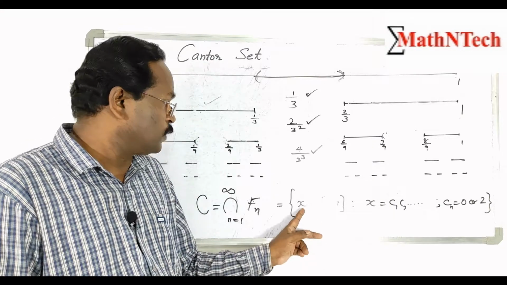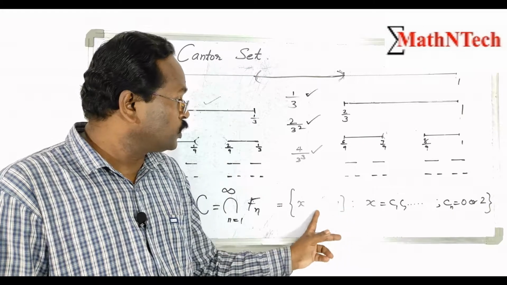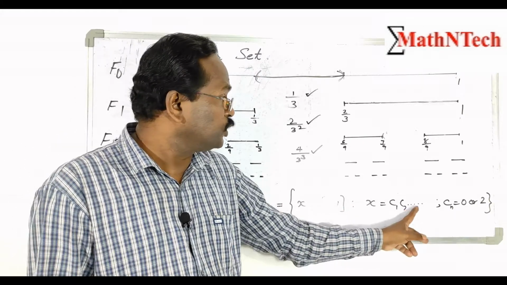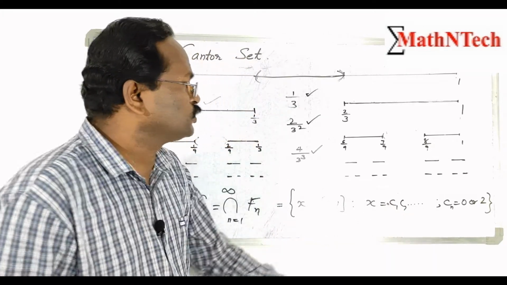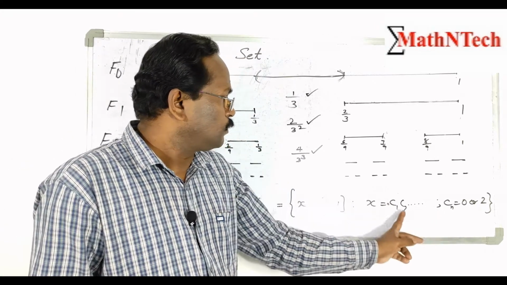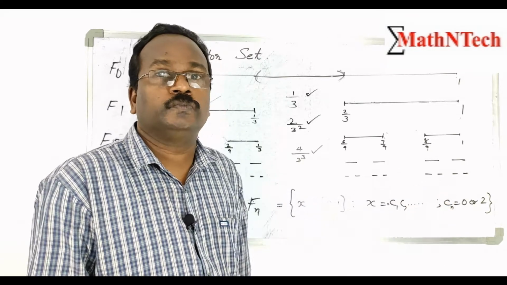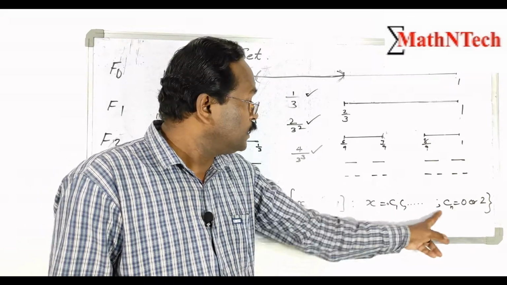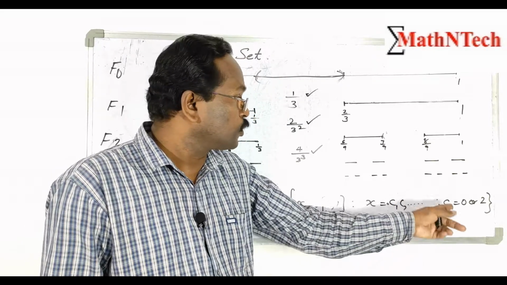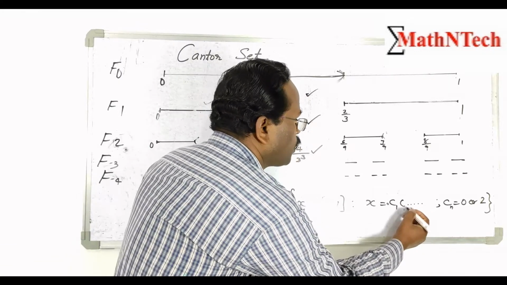That is another definition. x is an element of the closed interval [0, 1], x equals 0.c1 c2 c3, etc. What about c1, c2, c3? They are the digits 0 or 2 in the ternary representation. So c1 equals 0 or 2, c2 equals 0 or 2, etc. cn equals 0 or 2.